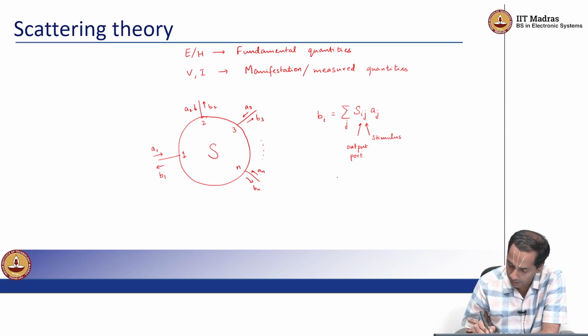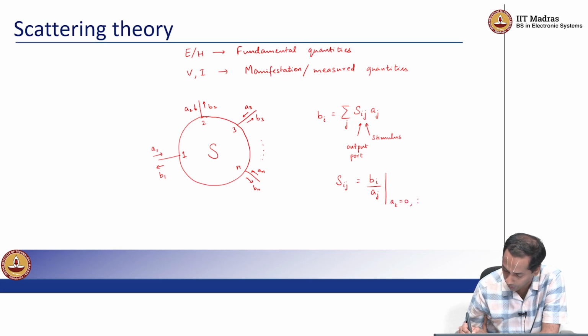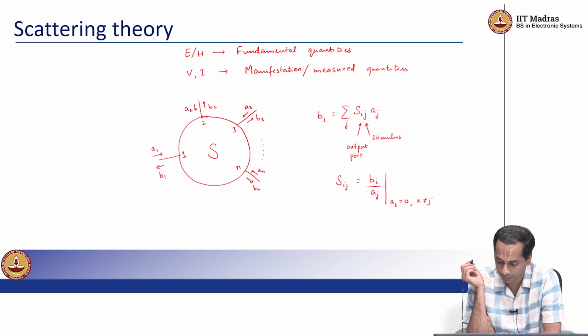Okay, so what can I say is the definition for Sij? It's essentially Bi by Aj given Ak equal to 0 for all k not equal to j, right?